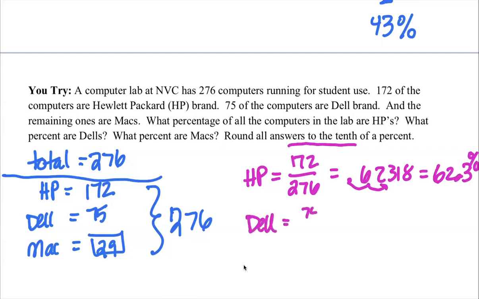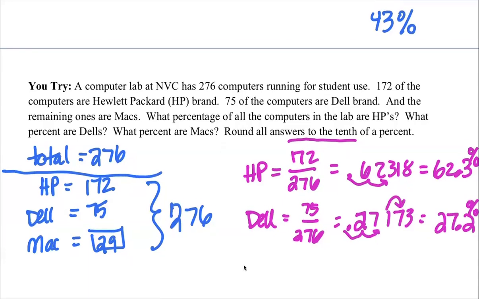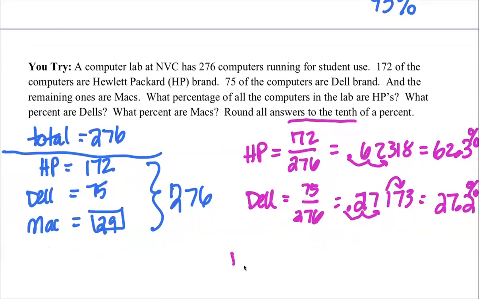Dells, the part 75 over the whole 276. When we divide that, we would get a decimal of 0.27173. When we turn that into a percent, the decimal moves 2 to the right, so that would be 27.2%. I'm looking at that digit to the right. That's what would round it up to the 0.2.